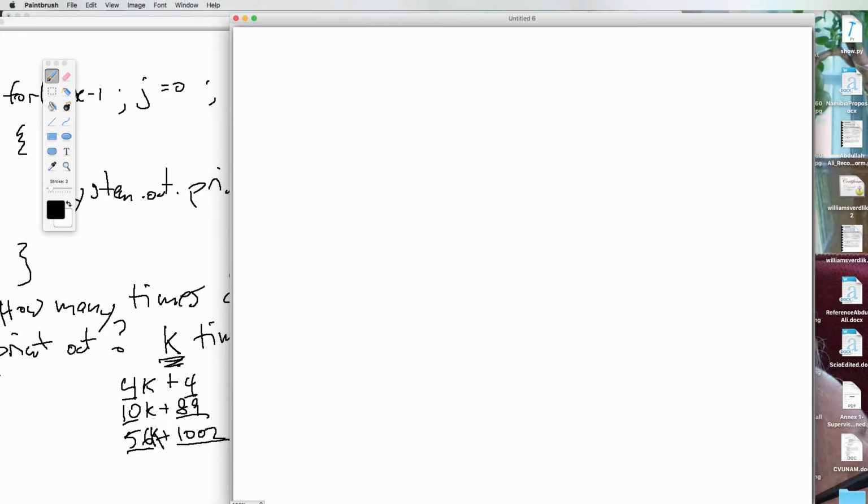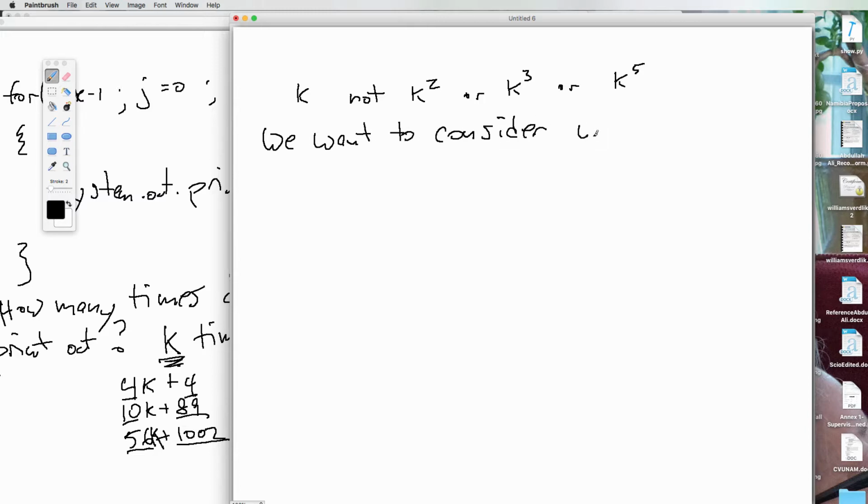The big takeaway here is that it was k and not k squared or k cubed or k to the fifth. And the reason why these constants really don't matter is because we want to consider when k gets arbitrarily large.